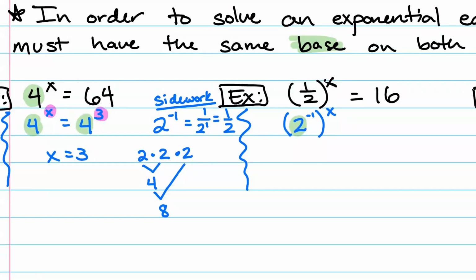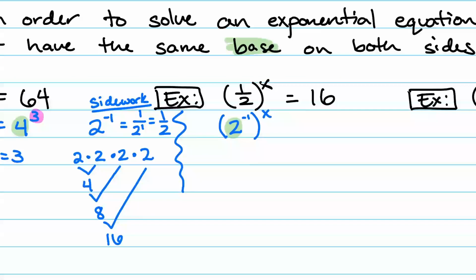That's still not 16. If I multiply by another 2, then that's 8 times 2, and that is 16. So how many 2's did it take to get to 16? It looks like it took 4 of those 2's. So instead of writing 16, I can write that 16 is the same thing as 2 to the fourth power.